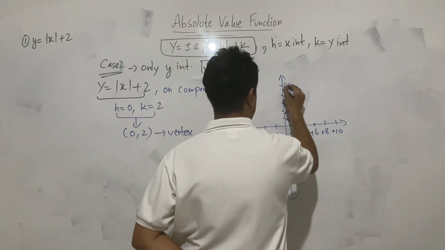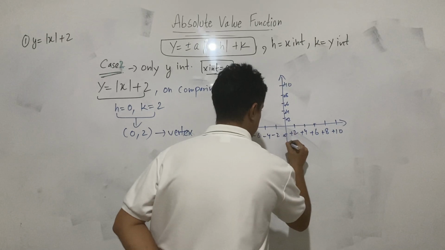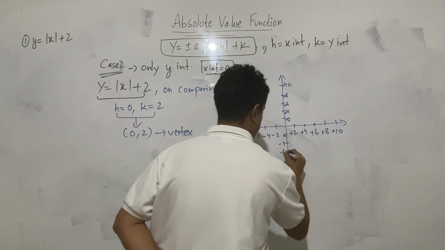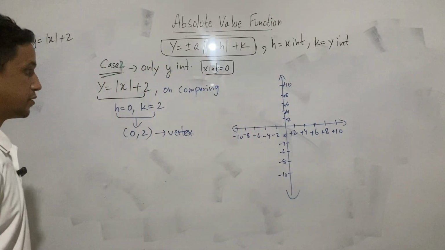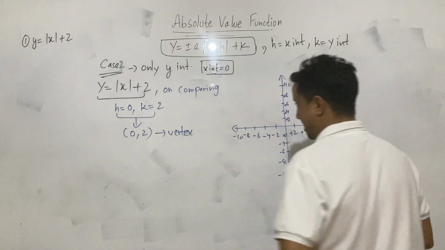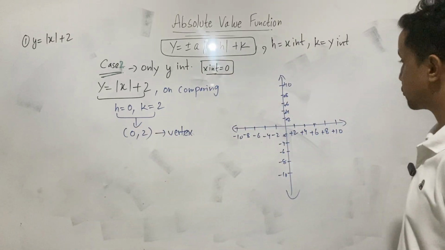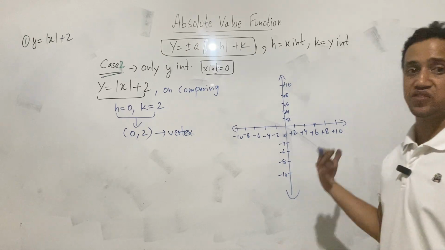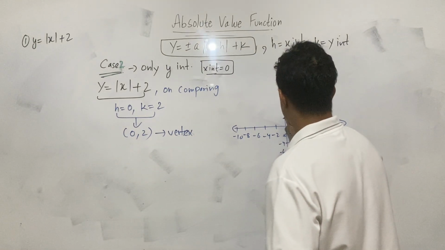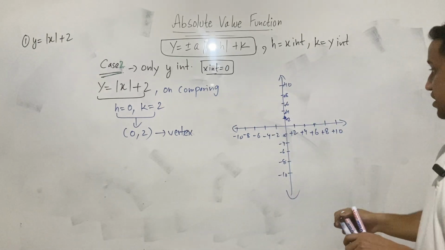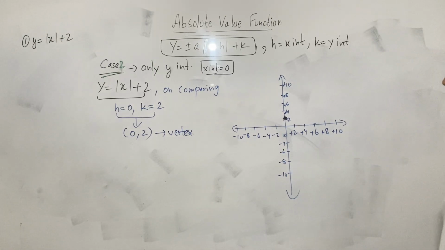Here minus 2, minus 4, minus 6, minus 8, minus 10. All right. So the vertex is going to be formed at 0, 2. So where is 0, 2? So the x-coordinate is 0 and it is on the y-axis, okay? So this is going to be the point.